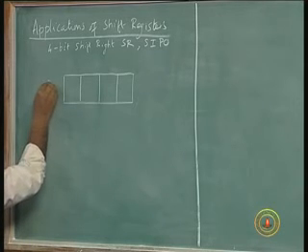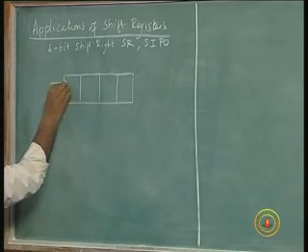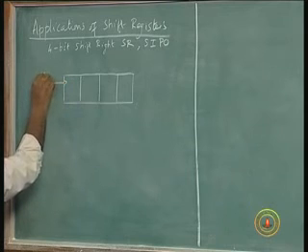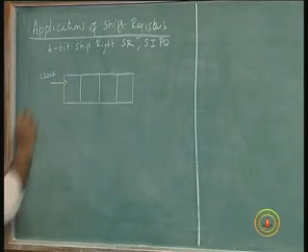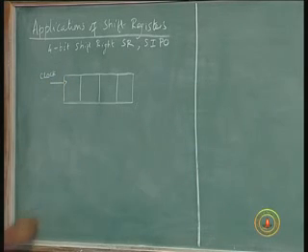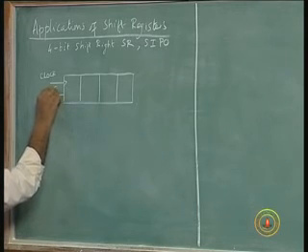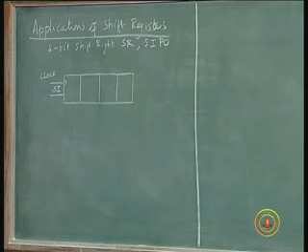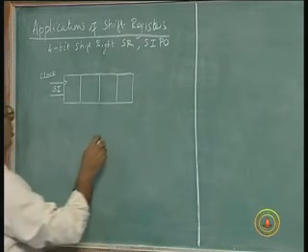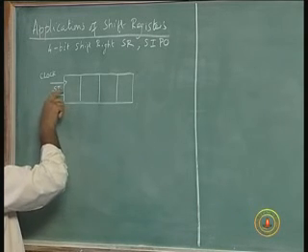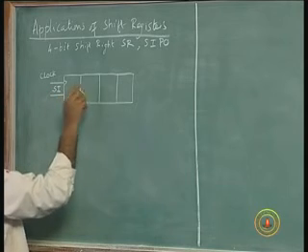So this will have the data in and a clock, of course. Clock, either positive edge or negative edge, doesn't matter. The serial input is called serial in, and the clock will shift the bits.